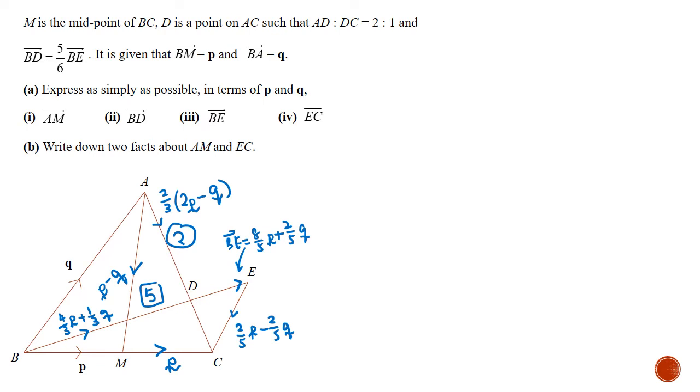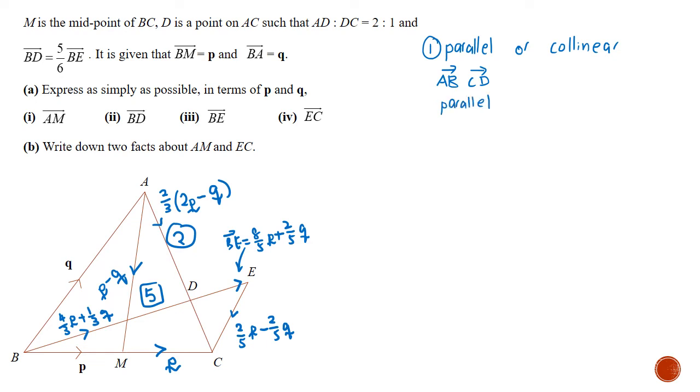Whenever we are asked to write down two facts about two vectors, we will first look at whether these two vectors are parallel or collinear. When these two vectors have totally different letters, we will say that they are parallel.